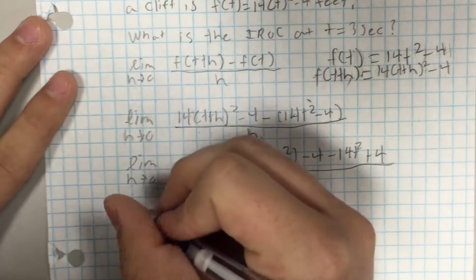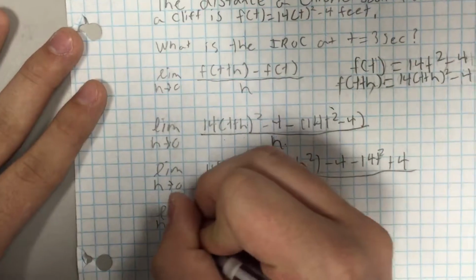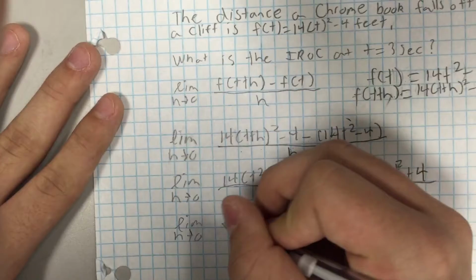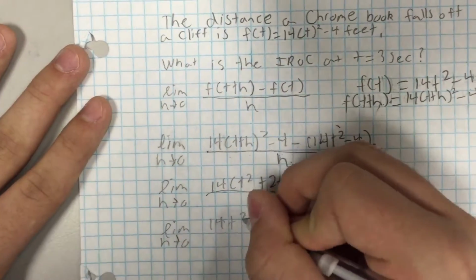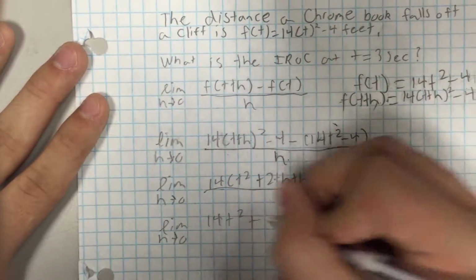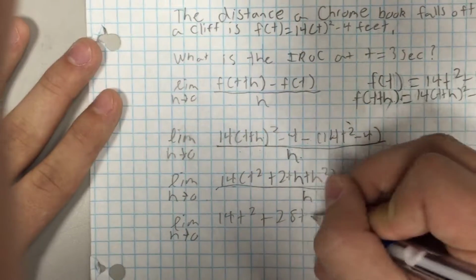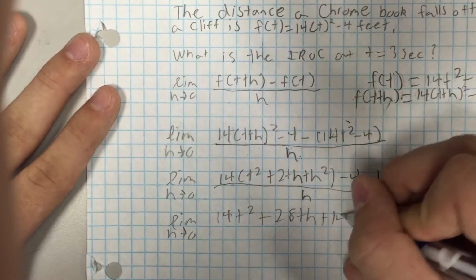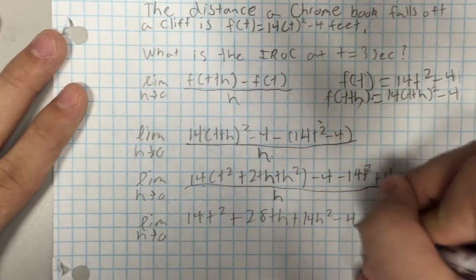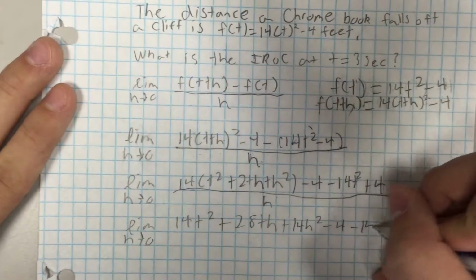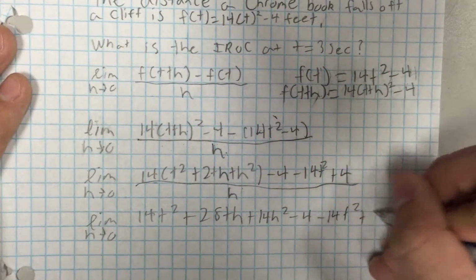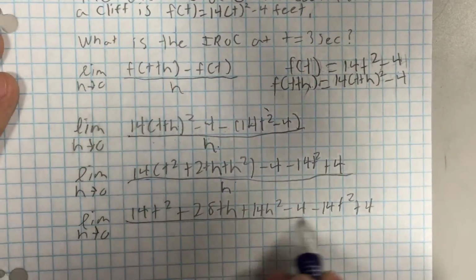And then we're going to distribute our 14, which will give us the limit as h approaches 0 of 14t squared plus 28th plus 14h squared minus 4 minus 14t squared plus 4 over h.